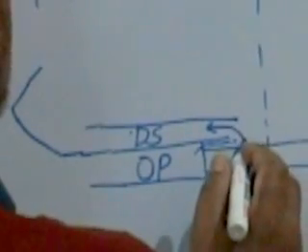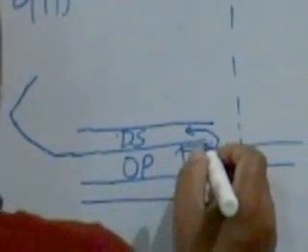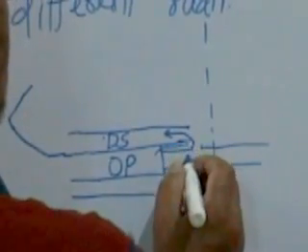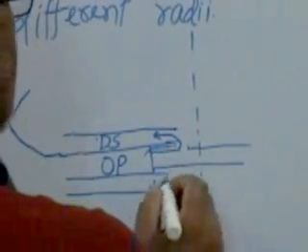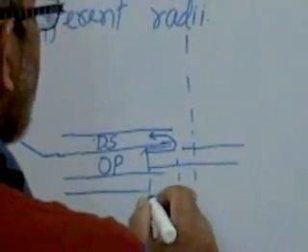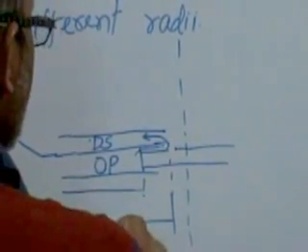Now the radius of the layer of water has increased, because it was here this much, and now when the water has started flowing through this, the radius has increased from this to this, so the radius is more.